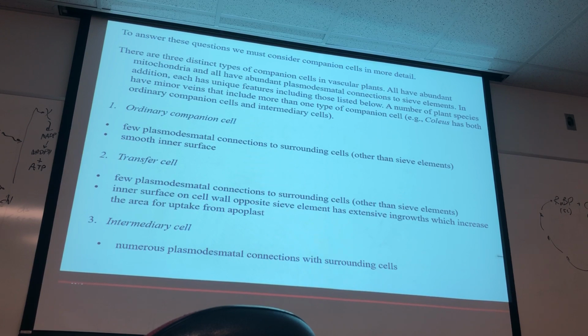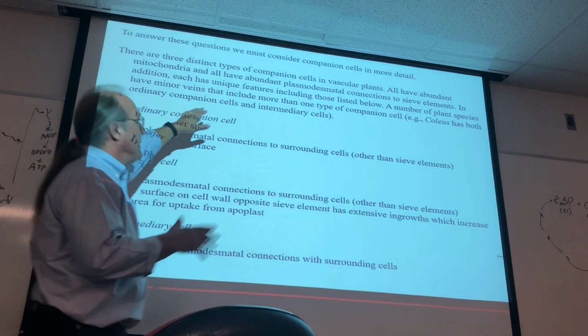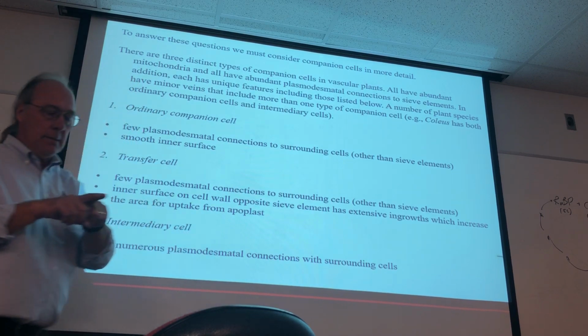All of them have lots of mitochondria. All of them have many, many plasmodesmatal connections between the companion cell and the sieve element that they're affiliated with. They may or may not have plasmodesmatal connections with other cells, but with the sieve element, lots of plasmodesmatal connections.